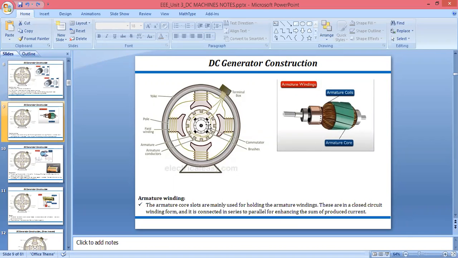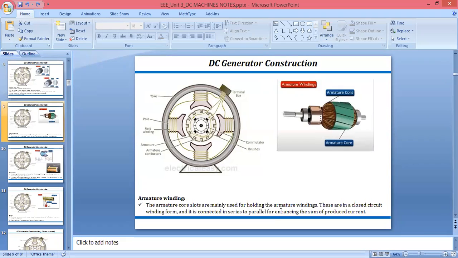So we can say armature winding is in a closed circuit, and it is connected in series to parallel for enhancing the sum of produced current. Because by using the DC generator, we have to create electricity.